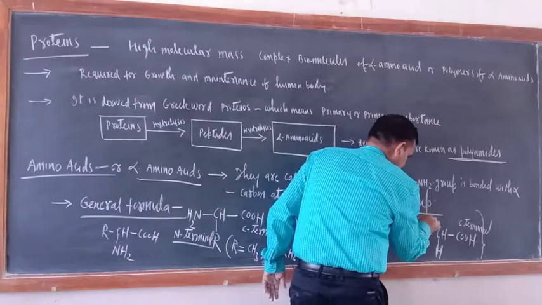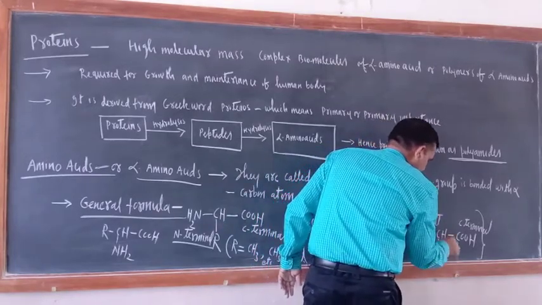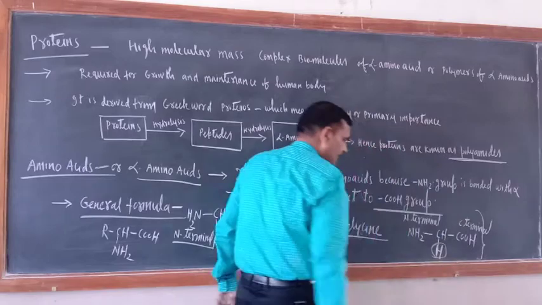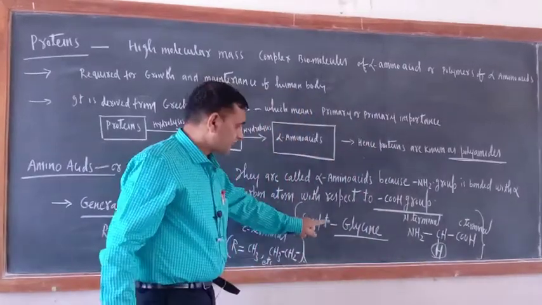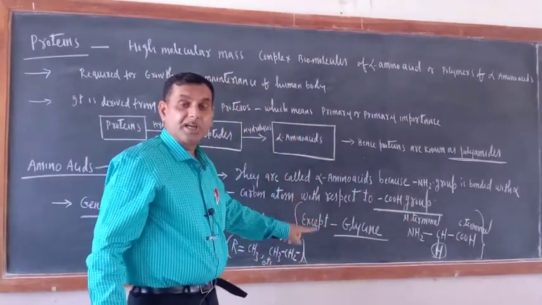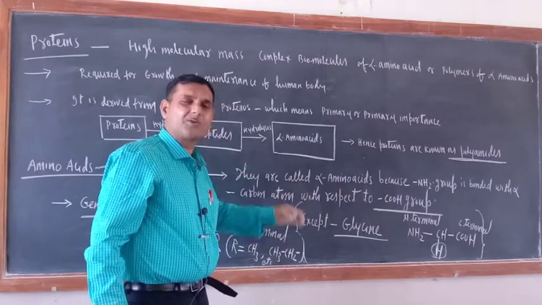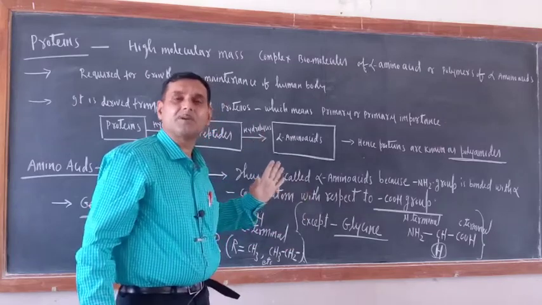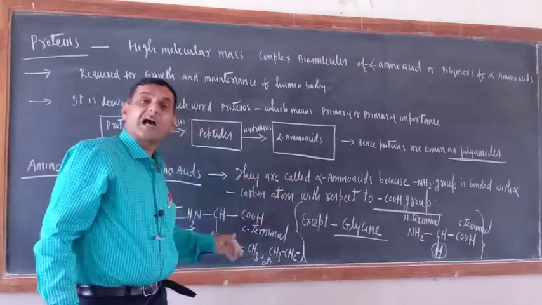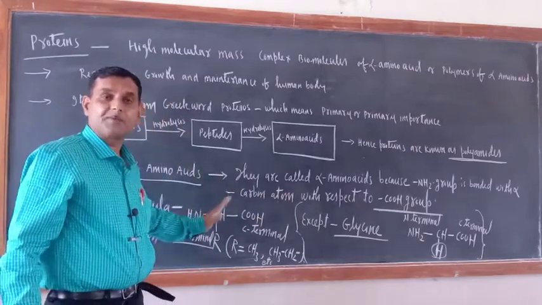But here R is not there. In place of R, H is there. So glycine is the naturally occurring, or you can say the simplest, alpha amino acid where an alkyl group is not there.